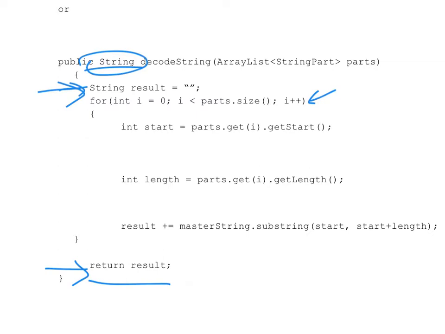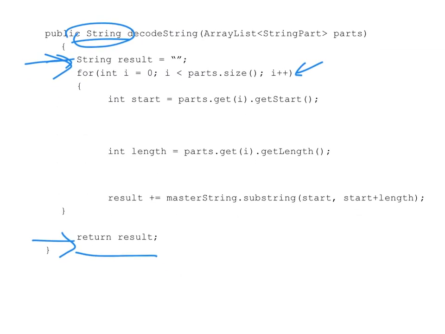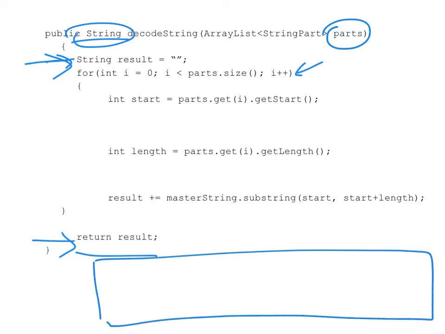So the key here, and what a lot of you are having problems with, is understanding how to get inside this array list. So this array list parts, let's just picture it down here. You've got this array list, and inside it you have objects. Now I understand objects are pointers, and so technically this is just pointing things out here, but for our purposes, it's not really necessary to think that.